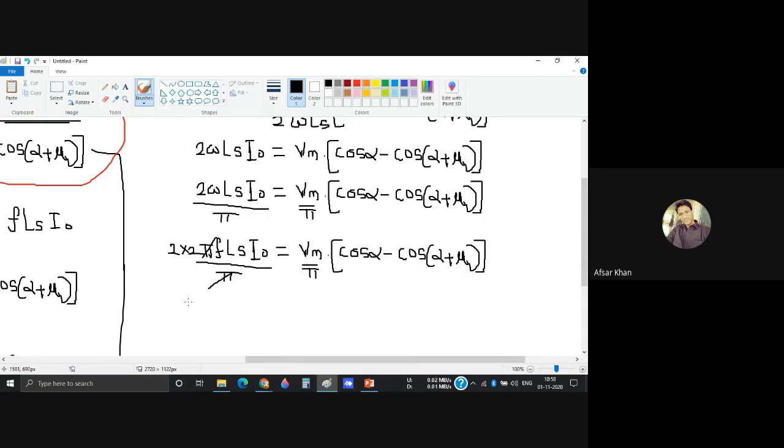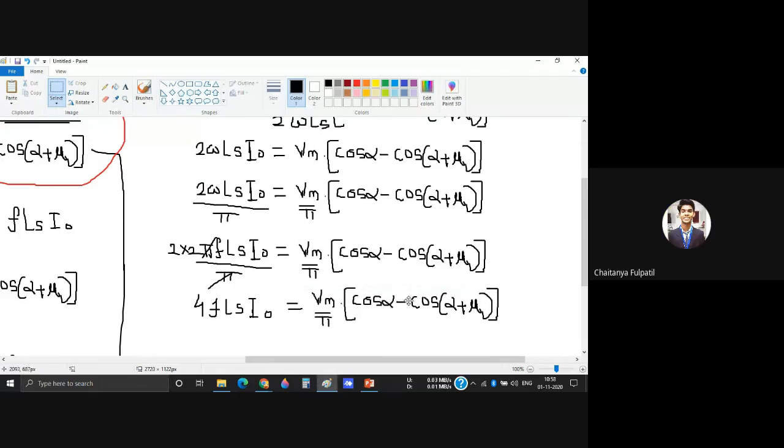And what is remaining over there? 4 into f into Ls into I0. See, students, very interesting. What we have got here? 4 f Ls I0, which is equal to the right side, RHS, Vm upon pi, cos alpha minus cos alpha plus mu.